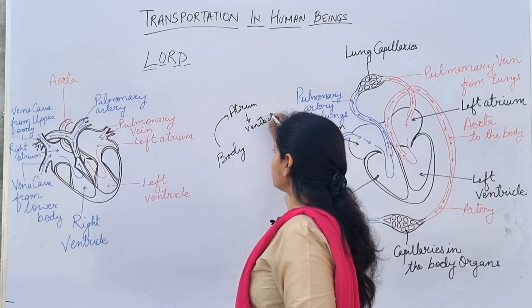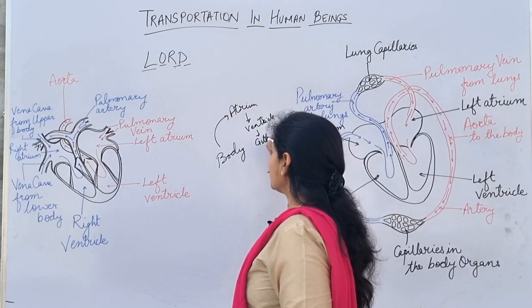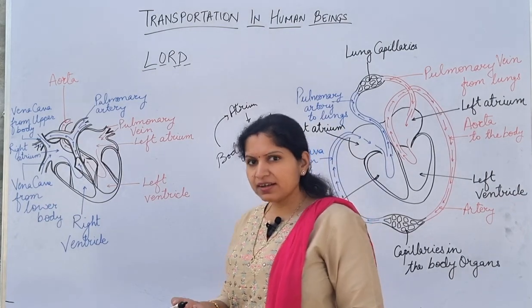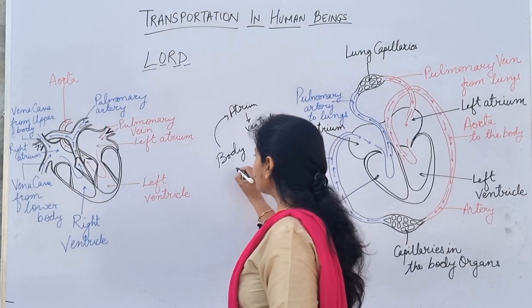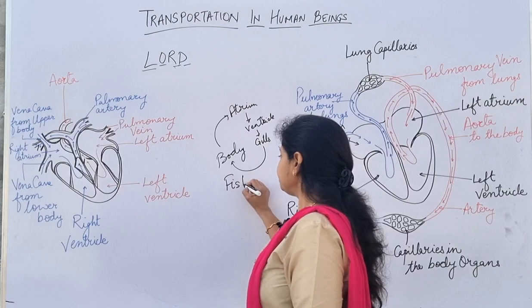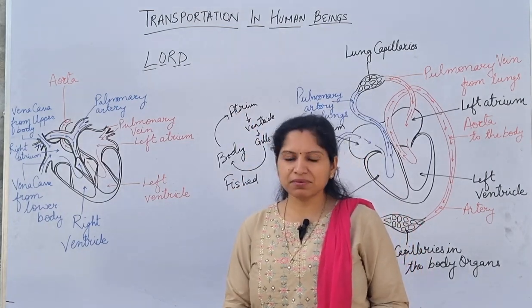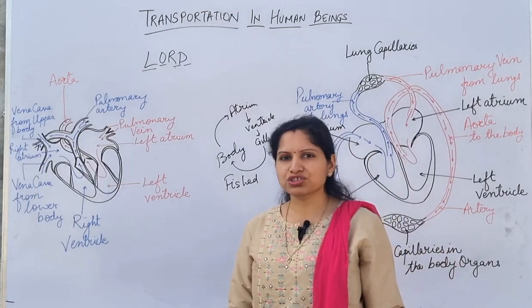After passing through the ventricle, it goes to the gills, where it gets oxygenated, and directly from the gills itself, it is going back to the body. So, in case of fishes, there is just a two-chambered heart, but still they are supplied with completely oxygenated blood only.